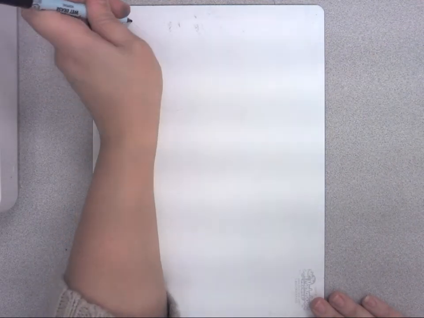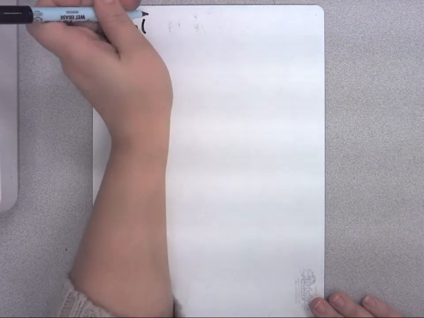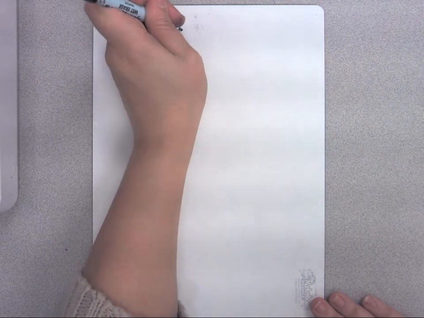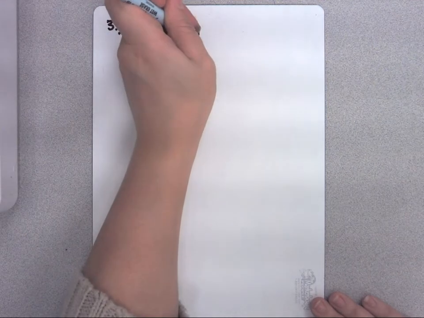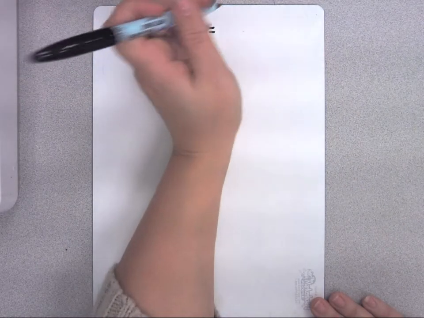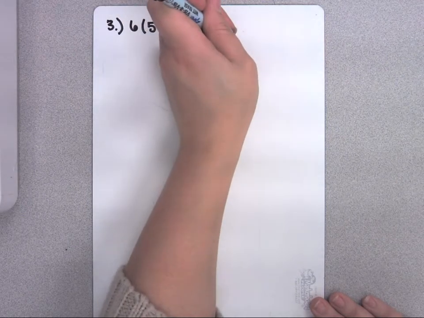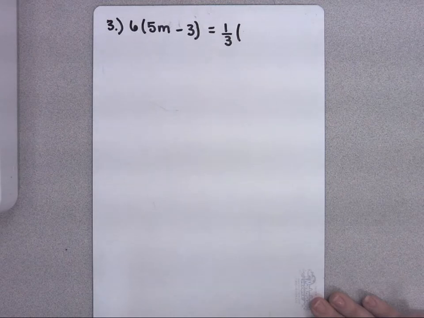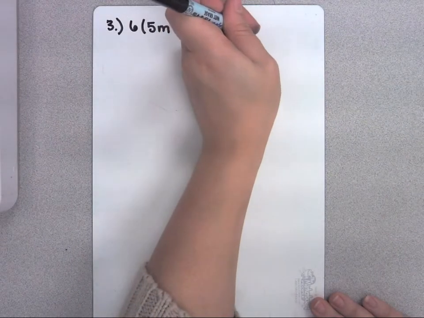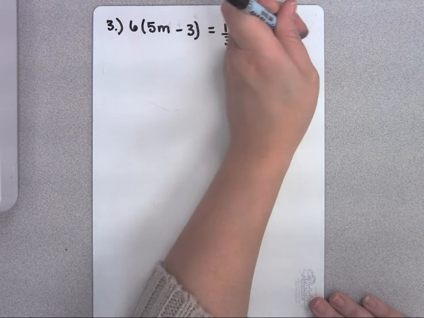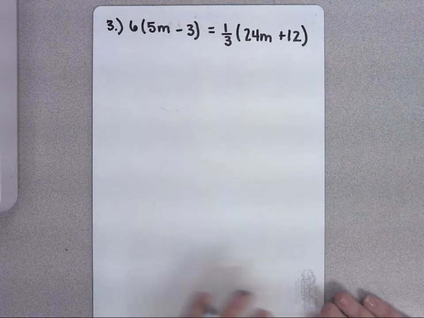How about 6 parentheses 5m subtract 3, close your parentheses, equals 1/3 parentheses 24m plus 12, close your parentheses.